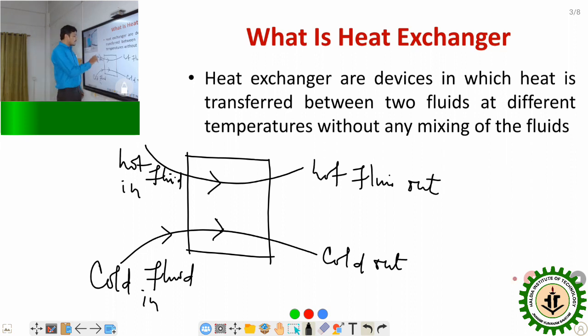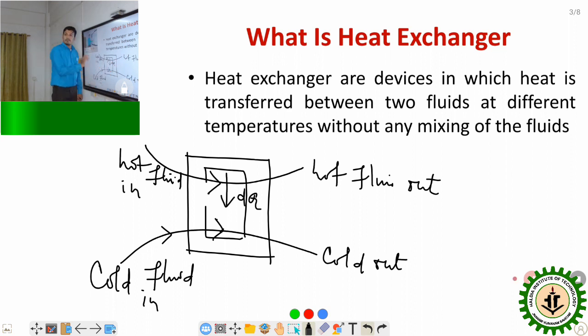Now there are two fluids. One is the hot fluid, and heat gets exchanged from hot fluid to cold fluid. This is the Q amount of heat, dQ amount of heat.